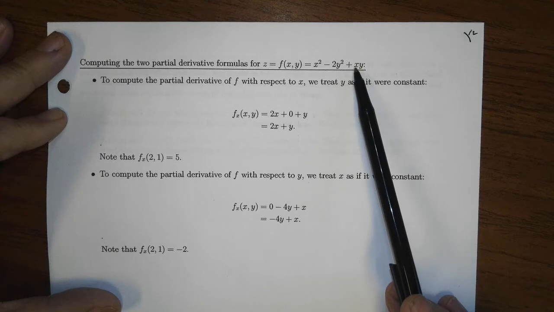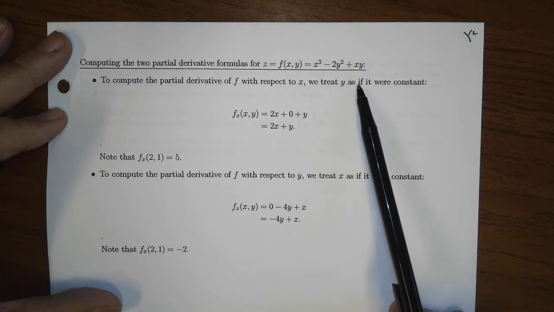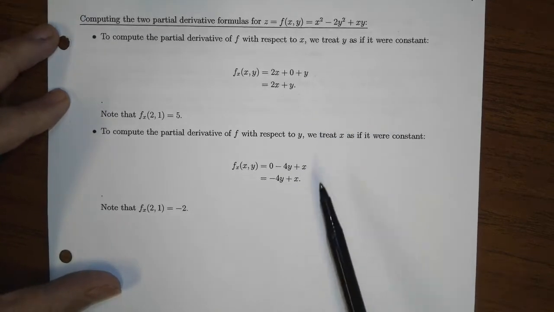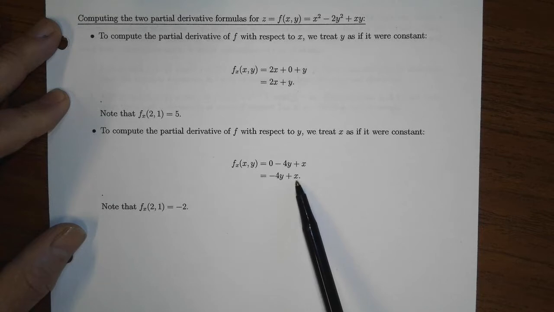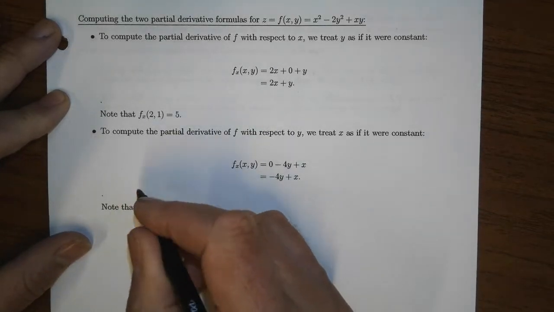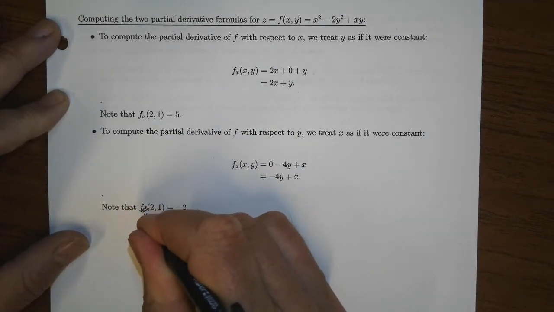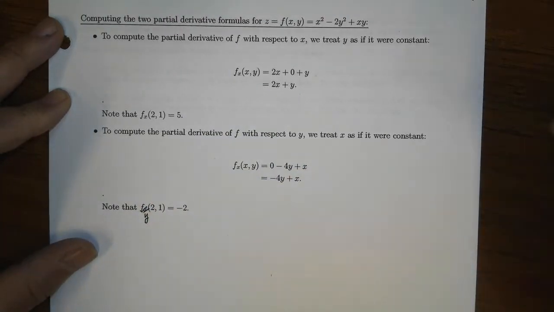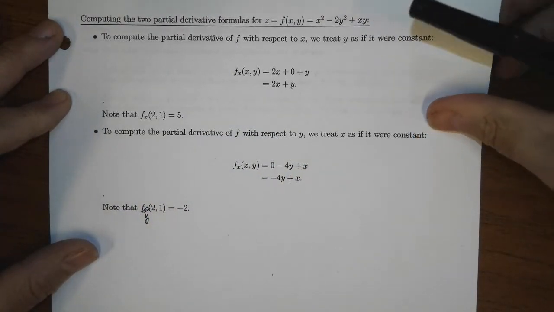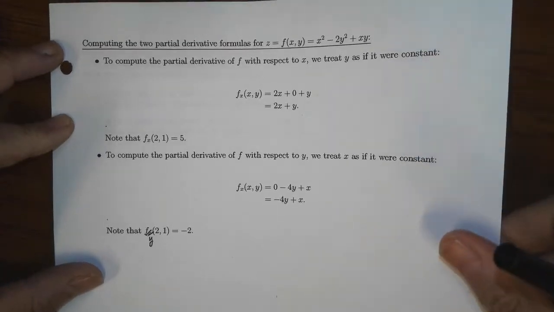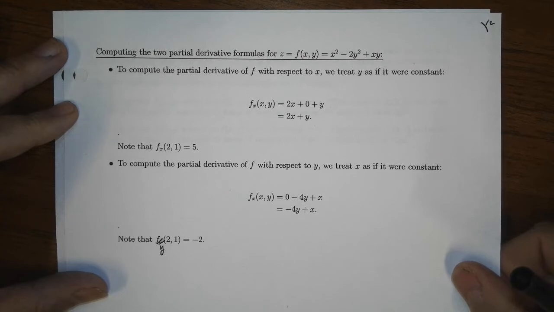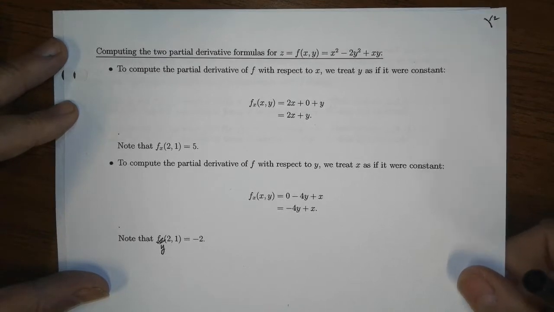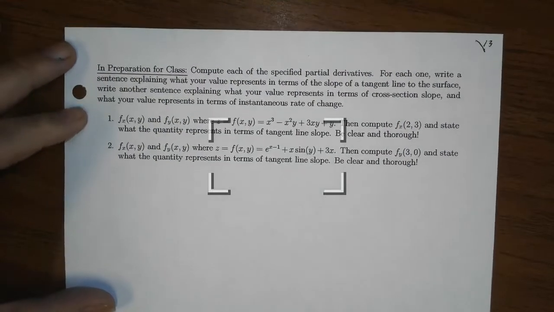If x is 7, the derivative of 7y would be 7. And so in general, the derivative of xy with respect to y is x. If we substitute the point 2, 1 into this formula, we get that the partial of f with respect to y at 2, 1 is negative 2. So calculating partial derivatives is easy so long as you keep in mind that one of the variables, either x or y, you're going to be treating as a constant.